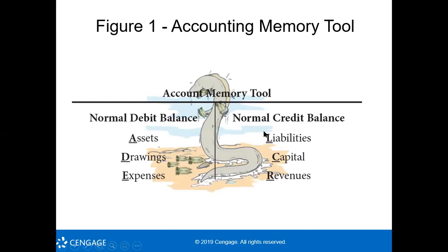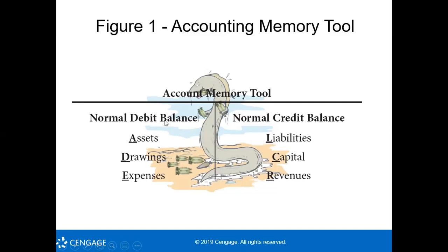All right, so it's showing us here, and this is one way to remember it. I like to write this on the board a different way, and when we get practice with these in class together, I'll write them on the board a different way. But when we're thinking about what accounts increase with a debit, what accounts increase with a credit, if we think about this little mnemonic memory device, A-D-E, assets, drawings, expenses, all increase with a debit.